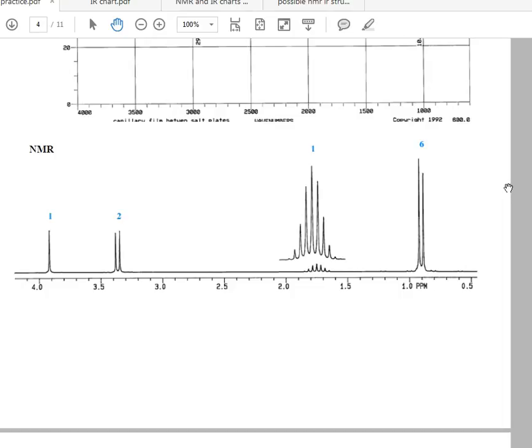The third thing we can learn from our NMR is what the hydrogen atoms are near. So the one all the way at the left is not split, it has no near neighbors, and that correlates with its being the hydrogen for an OH. The one all the way on the right is split in half. That correlates really well with two different CH3s on a carbon that also has a hydrogen.